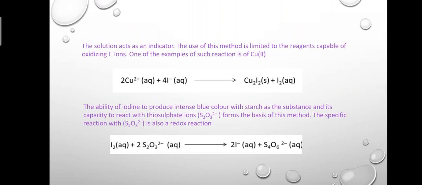The ability of iodine to produce intense blue color with starch as the substance and its capacity to react with thiosulfate ions forms the basis of this method. The specific reaction with thiosulfate is also a redox reaction. Iodine is reacted with thiosulfate and it gives 2 I- plus S4O6 2-.